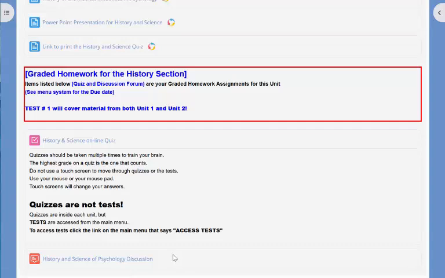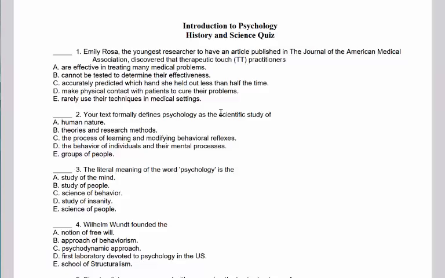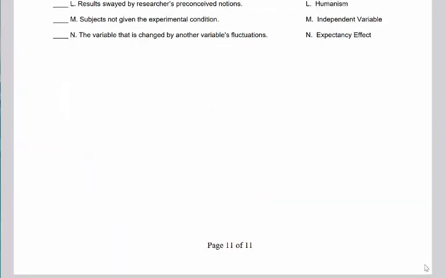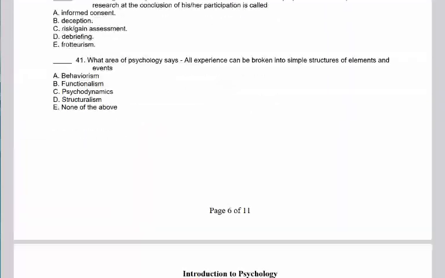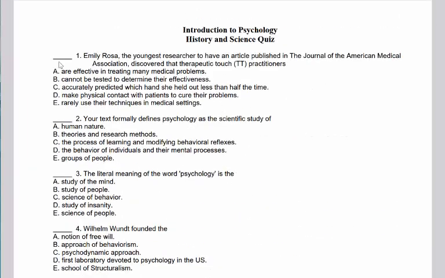So the quiz, first of all, let me go back to quizzes because I didn't tell you this in any of the others. There's a link to print the quiz. You click on that to bring up the quiz, and you have a PDF. Here's the quiz. This is the first quiz. It's 11 pages long. You can print this out, find the answers, write the answers down.